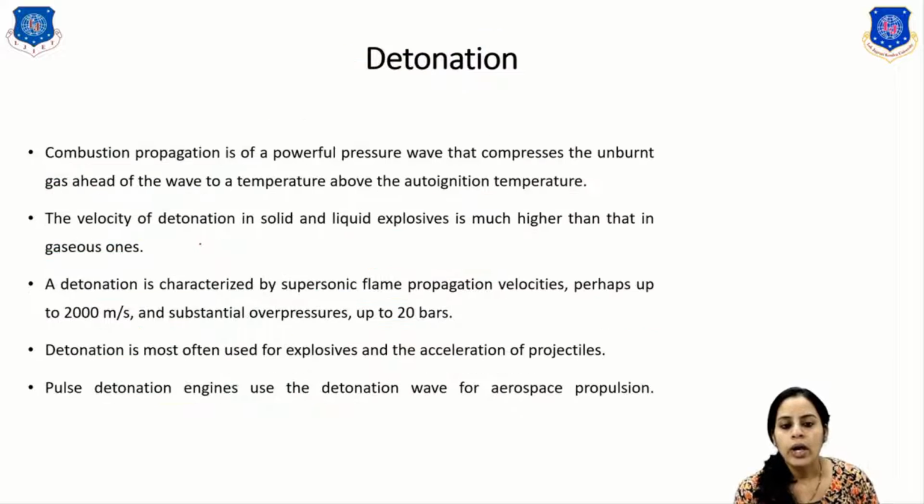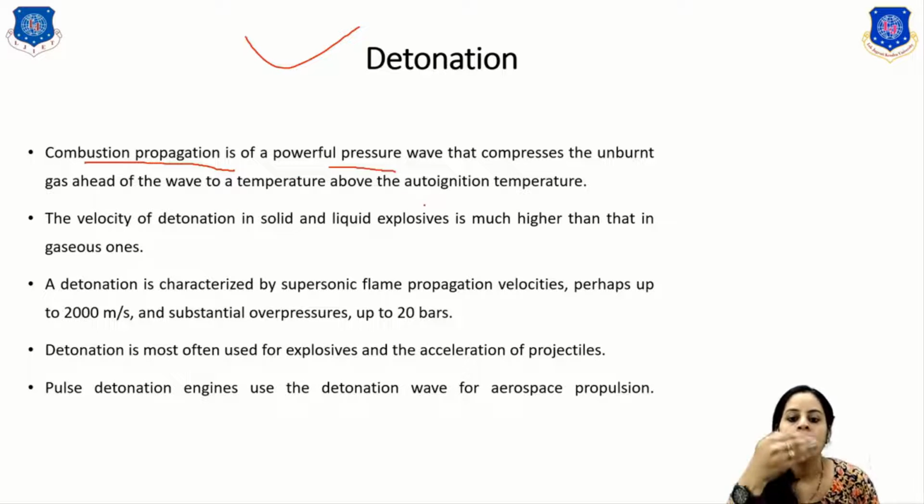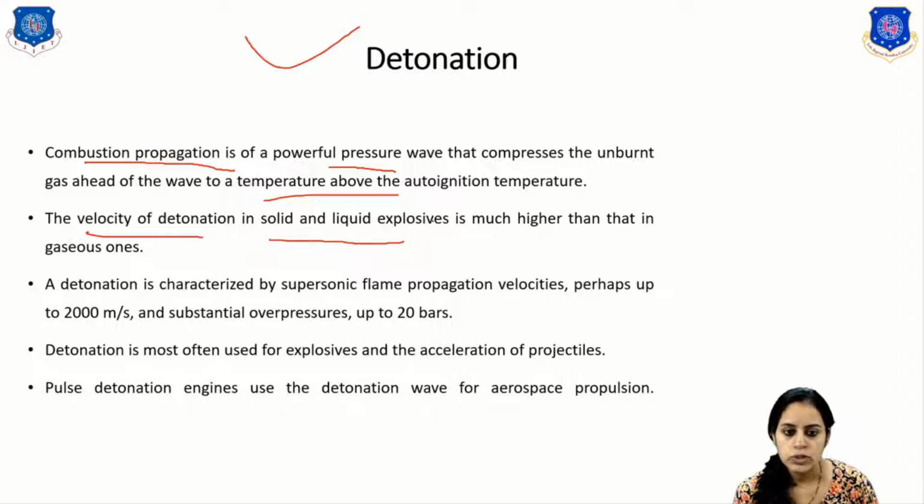Now detonation. It means that the combustion propagation is a powerful pressure wave that compresses the unburnt gas and heats it to a temperature above the auto-ignition temperature, right? The velocity of detonation in solid and liquid explosives is much higher than in gaseous ones. A detonation is characterized by a supersonic flame, whereas deflagration is characterized by a subsonic flame, right?